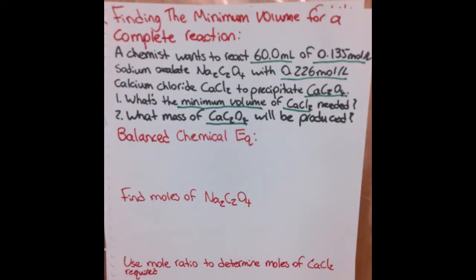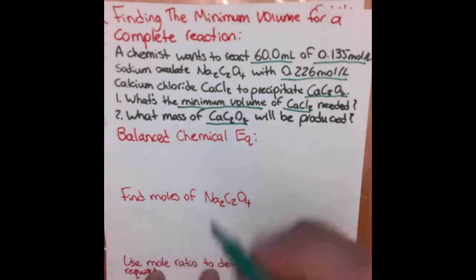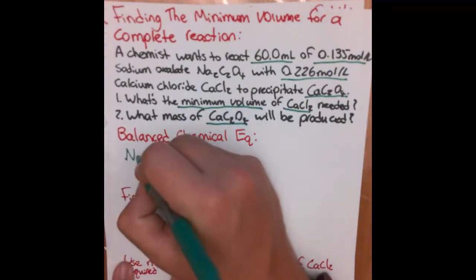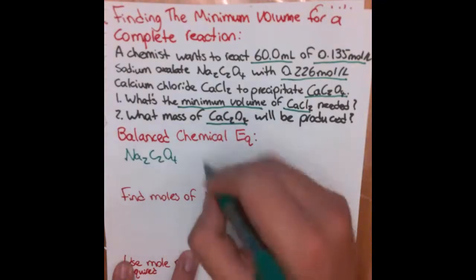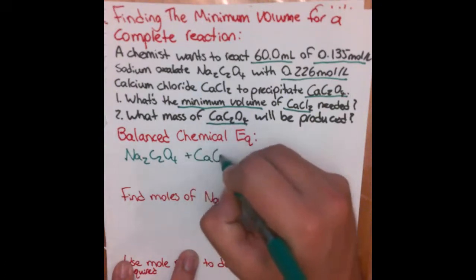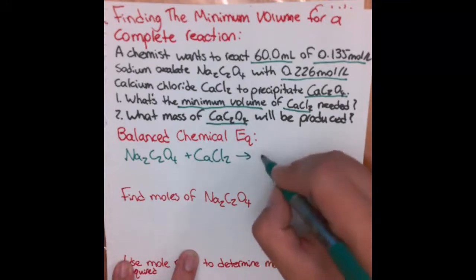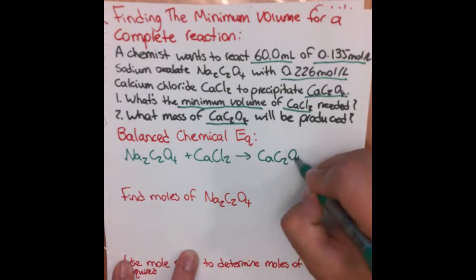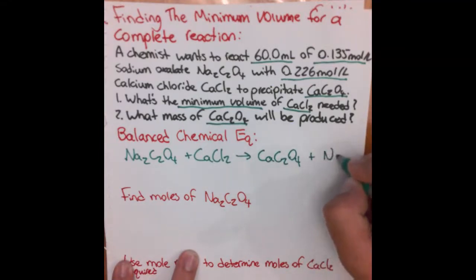So again, starting with our balanced chemical equation, right, we are going to have our sodium oxalate, so our Na2C2O4, that is going to react with calcium chloride in order to produce calcium oxalate, and NaCl.